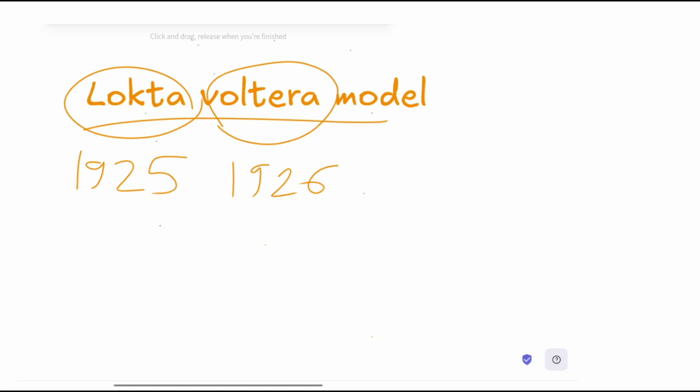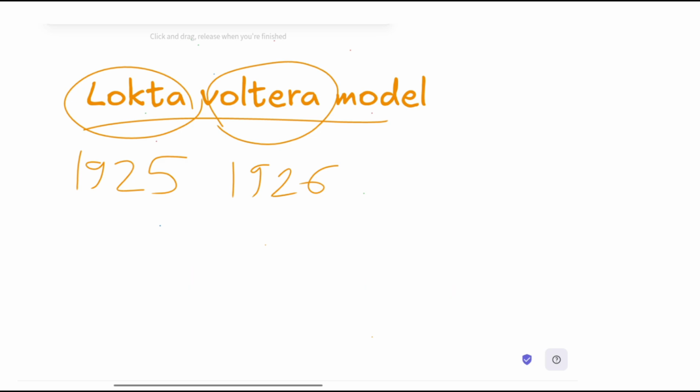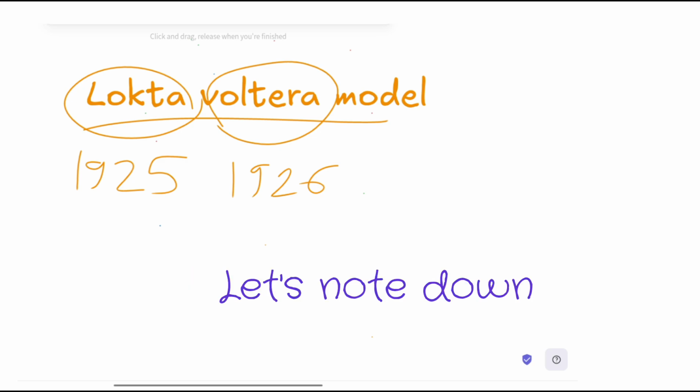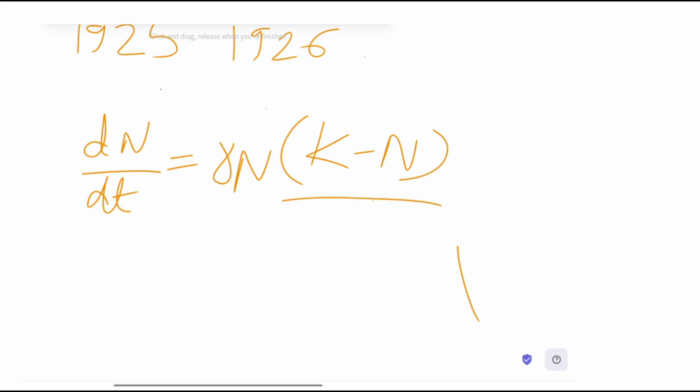The Lotka-Volterra equation for interspecific competition is based on the Verhulst-Pearl logistic growth equation. So what is the Verhulst-Pearl logistic growth equation? It is dN/dt = rN(K - N)/K.